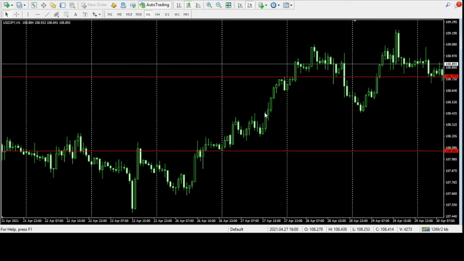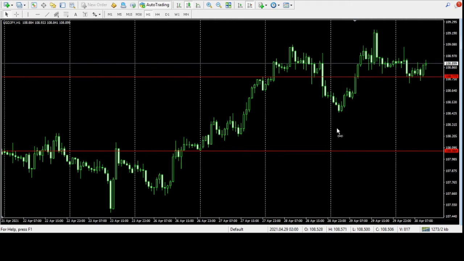So this was the low of the 27th, and this was the high of the 27th. Because we want to trade on the 28th, what we need to do right now is go to the high and low of that 27th. Remember, we check the high and low of the 27th because we want to trade on the 28th.